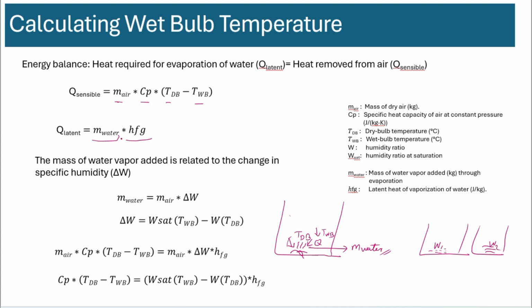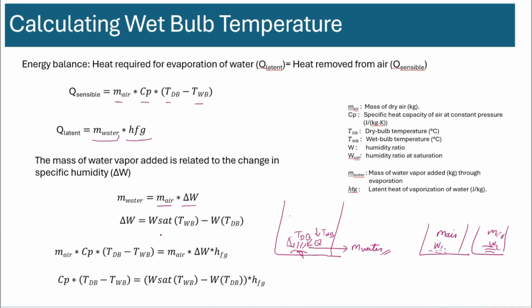Okay, so that change in W times the mass of air, because mass of air is same. Okay, mass of water is what is changing. So mass of air times delta W will give you the total mass of water that has evaporated.